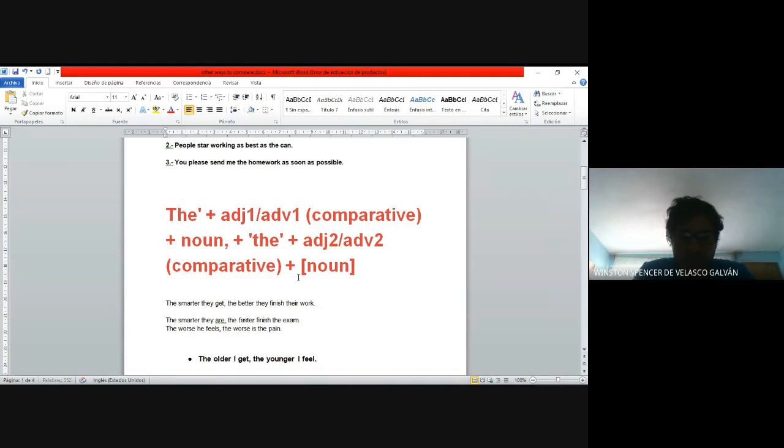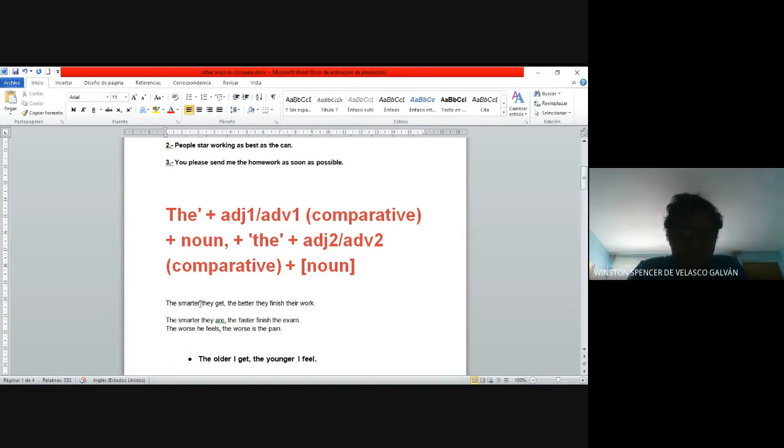Look at this. This is the first example. The smarter they get, mientras más inteligentes ellos se vuelven, comma, the better they finish their work. Mejor terminan su trabajo. This is another way to compare.